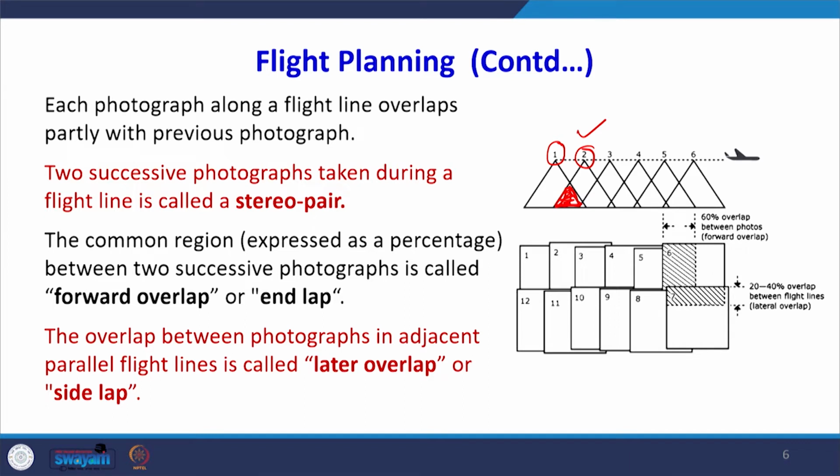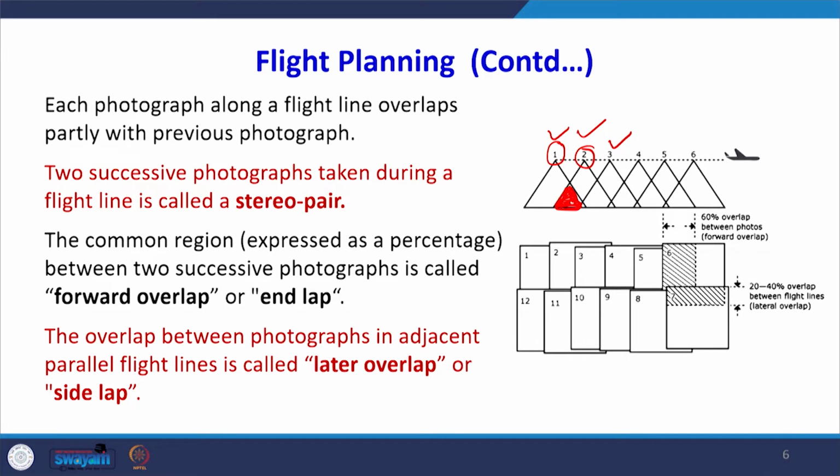Now, the 2 successive photographs taken along a flight line are called a stereo pair. That means photograph number 1 and photograph number 2 are a stereo pair, and photograph number 2 and photograph number 3 are a stereo pair. The common region, which I showed by the red mark here, is called the forward overlap or end lap.